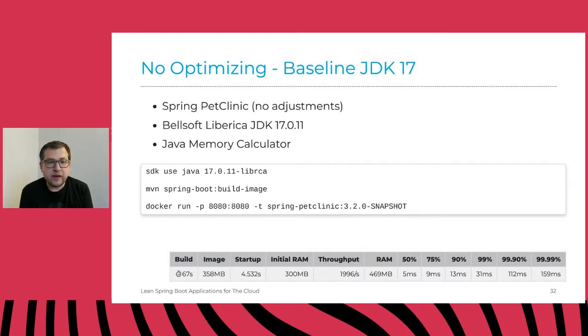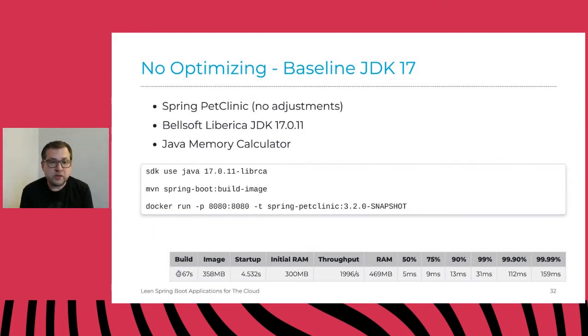So you see the build time of your Spring Pet Clinic with Java 17, the current version of Java 17.0.11, and the Java memory calculator in place. The building takes about 67 seconds. The image size of the container will be around 358 megabytes. The startup time of the application is about 4.5 seconds.